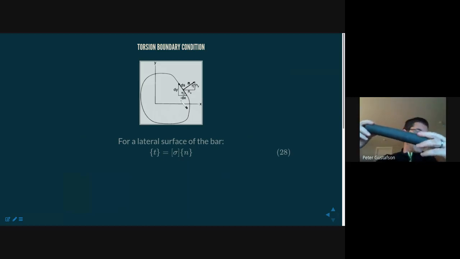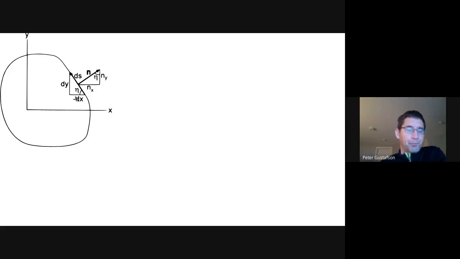Is there a traction boundary condition there? Well, sure there is. So if I were to draw a normal to that external surface, that normal is shown here. Let me go ahead and zoom in on this for just a minute. That normal is shown normal to the surface. So n is now a surface normal.